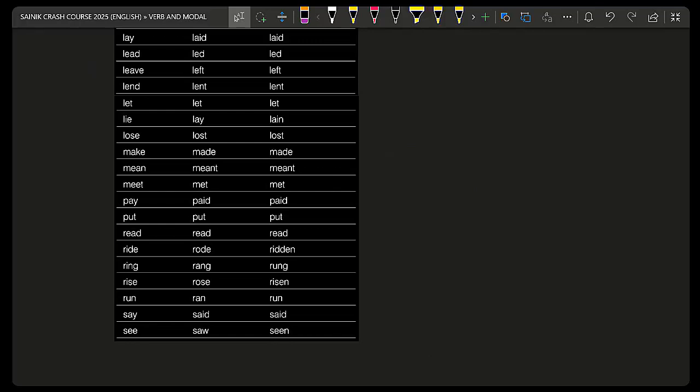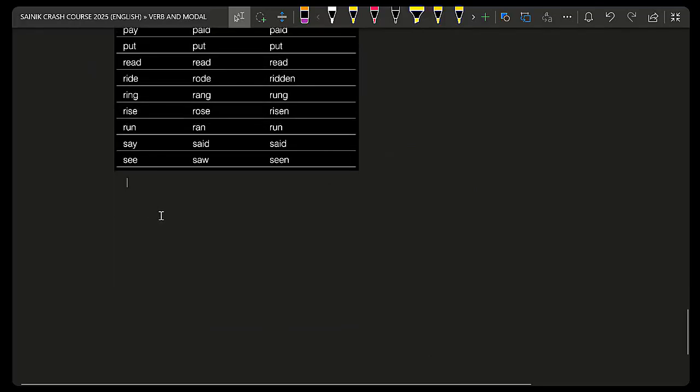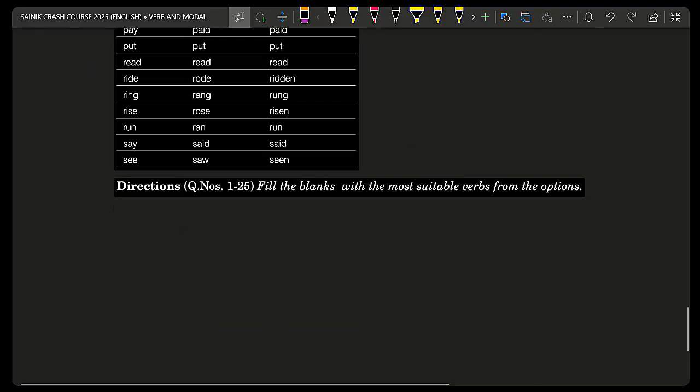And a few questions we are going to start today. So all of you try to answer these questions. The exercise direction is: fill in the blanks with the most suitable verb form from the options.